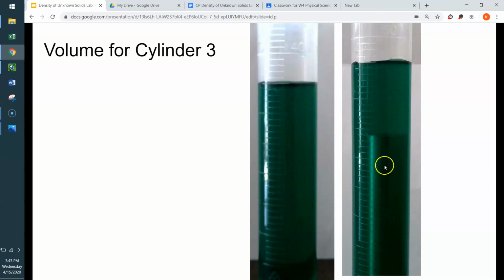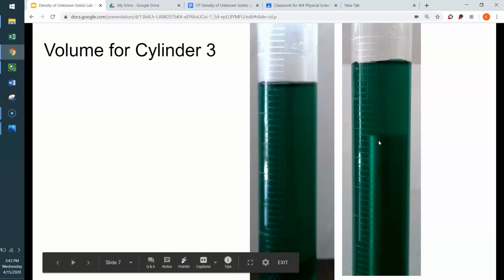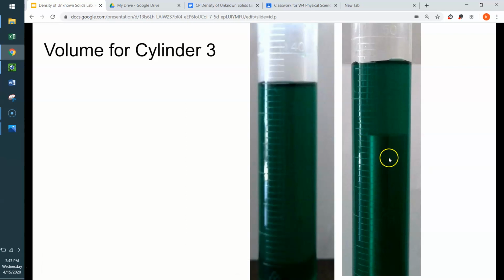And then we added this really large cylinder into the graduated cylinder, and it rose from 30 all the way up here. Okay, in case you can't tell, this is the 40 line. So how many single lines above 40 am I? Record that volume. And do your calculations to now calculate the volume for our 3 cylinders. Pause the video as needed.